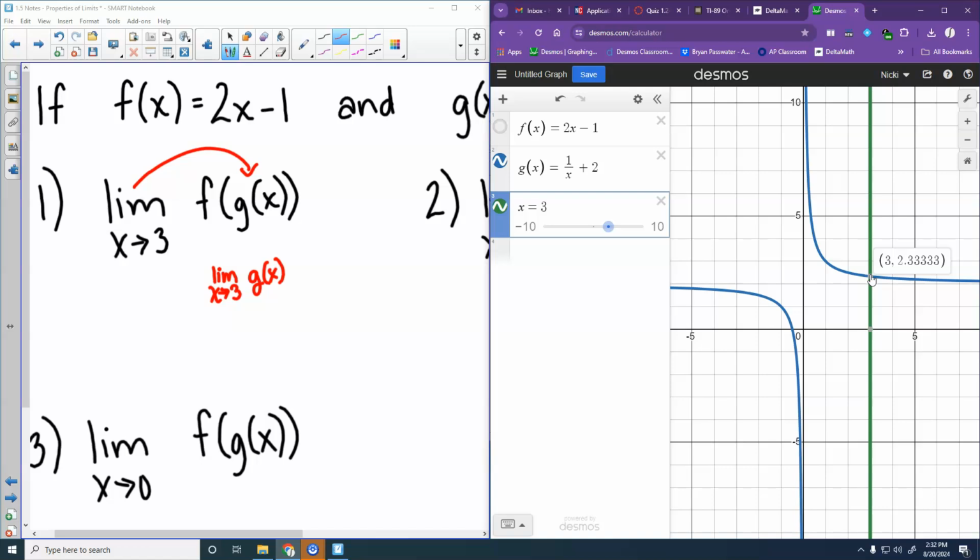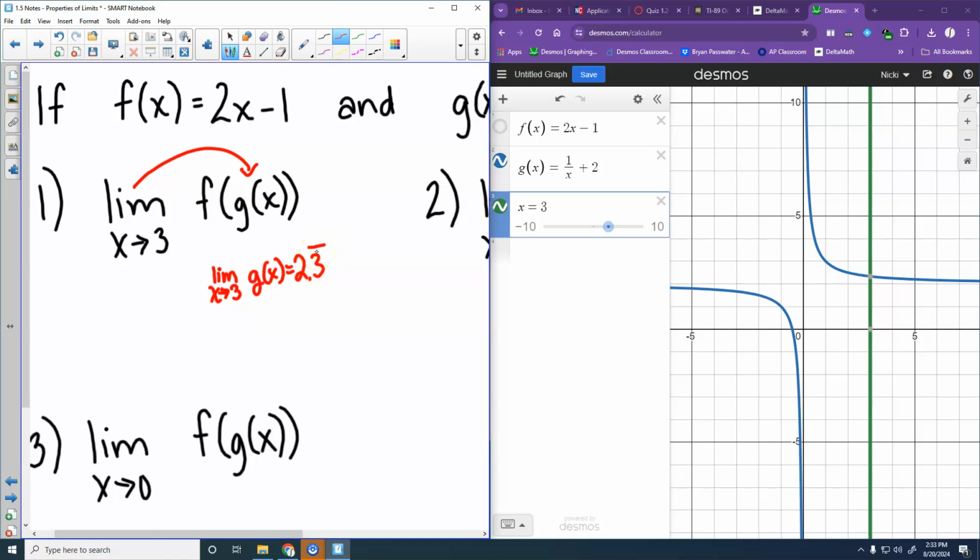You could, but it would be more complicated to do it that way. To get 2.3 repeating, I could just plug the number 3 into this, right? That would be 1/3 plus 2, and that gives me 2.3 repeating, right? 2 and 1/3. So you could plug that number in. But we're seeing this part right here is 2.3 repeating.